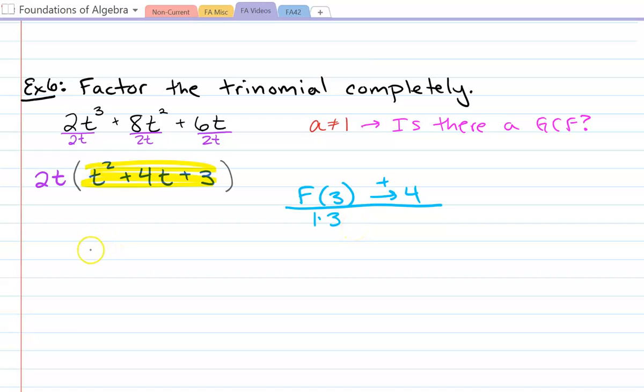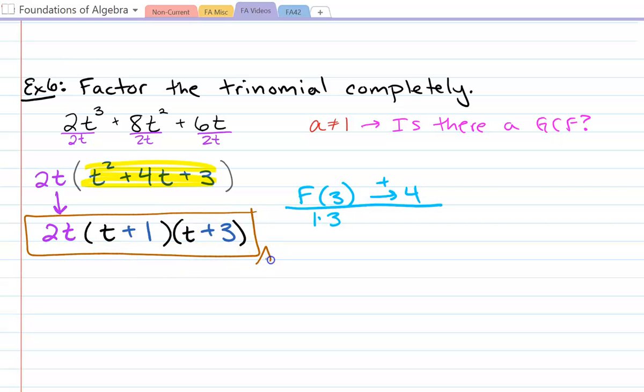So we put this into our form. We'll have t plus 1, t plus 3, and that 2t of the GCF drops down. So our final answer will be all of this, 2t times t plus 1 times t plus 3. All of it is our factored form.